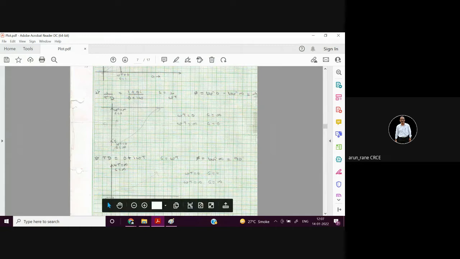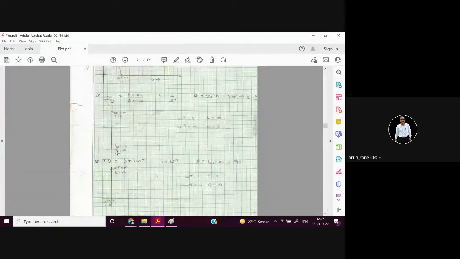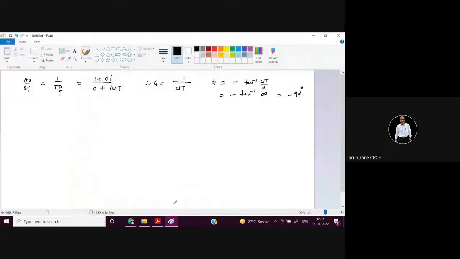Now when omega t is 0, what is the value of G? It will be infinity. And when omega t is infinity, the value of G will be 0. So what will the graph be?